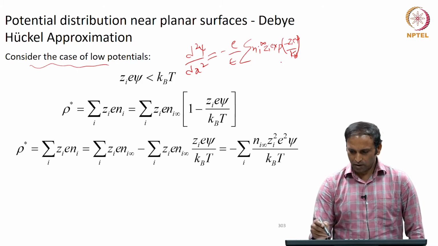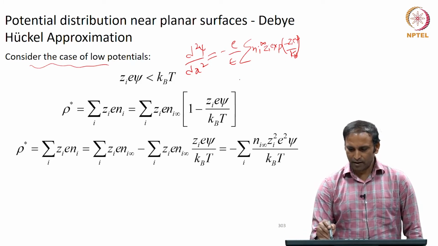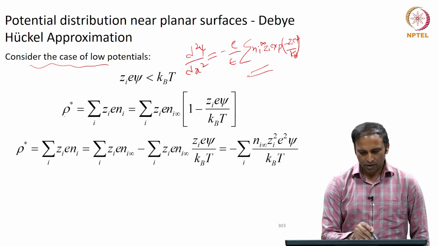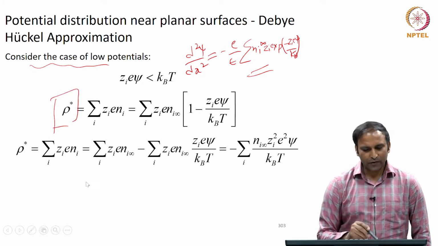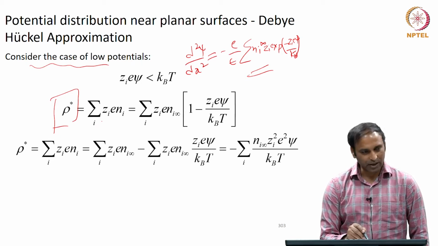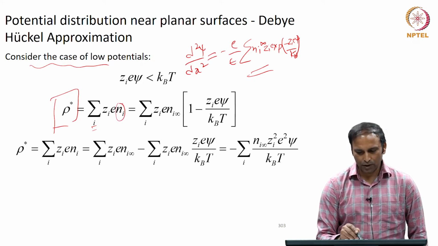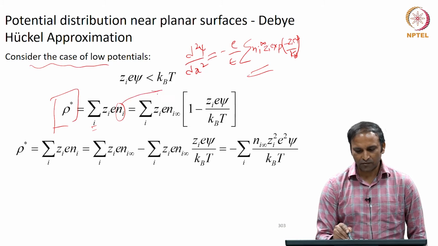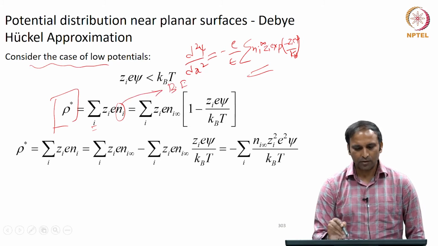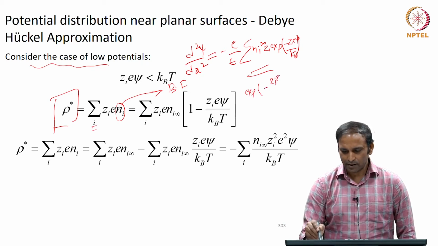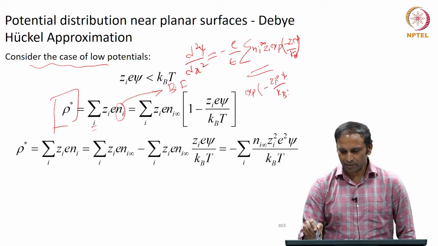So, now, if you look at the right hand side, when I say it is a low potential, this rho star we were expressing as summation over all the species of Zi times E Ni, right, and the Ni infinity we used to represent in the form of Boltzmann factor, and the Boltzmann factor had this exponent minus Zi E psi divided by kBT term.